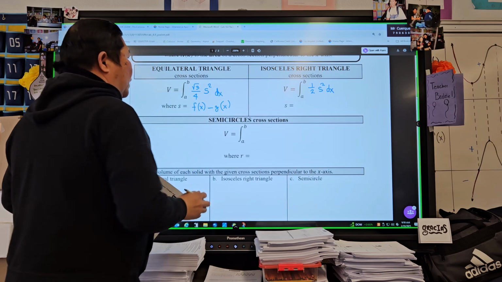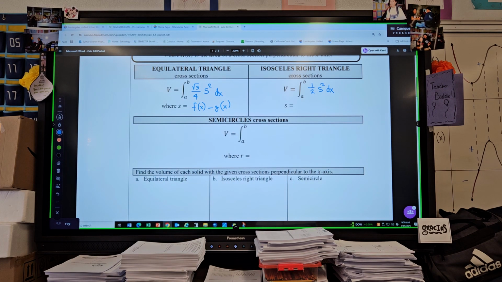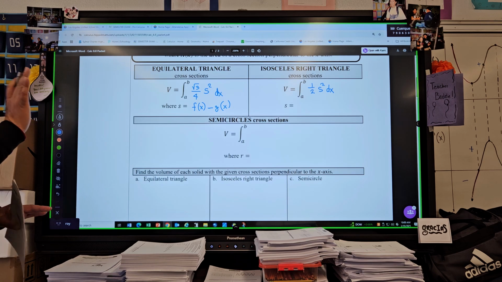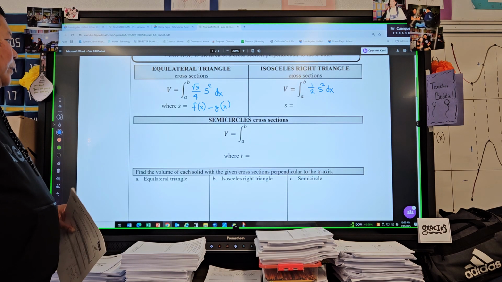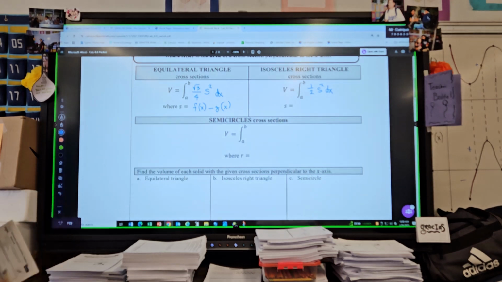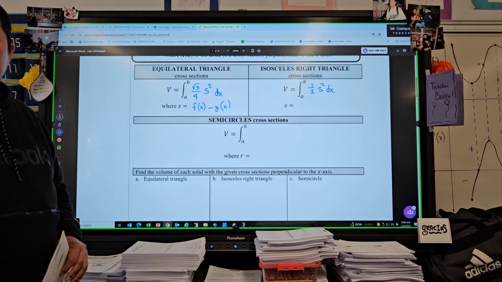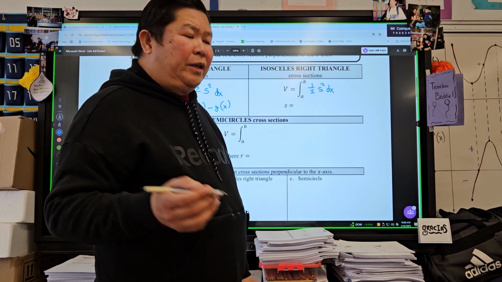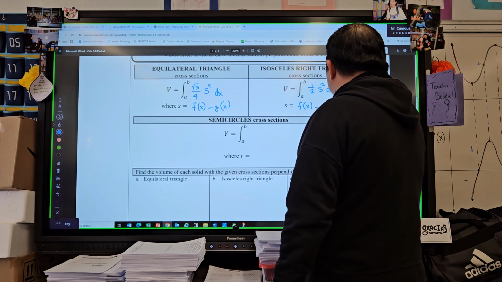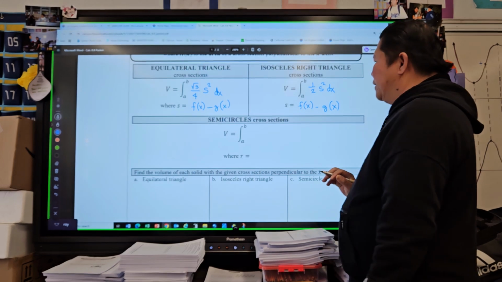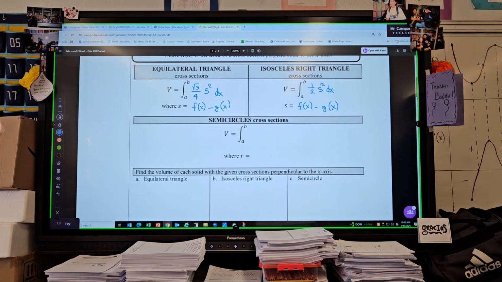Remember, we are using the graph a while ago, the graph of parabola and the square root graph, right? So we're gonna remember that because we have to use that right here, the next one. Okay, how about s in the isosceles triangle? It's the same thing, right? f of x minus g of x.